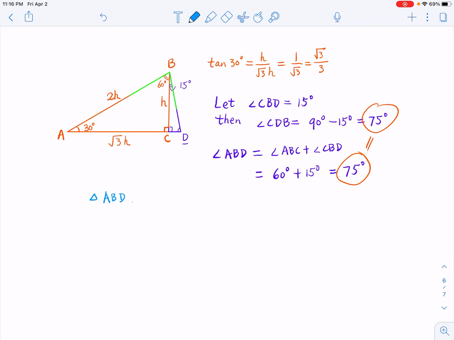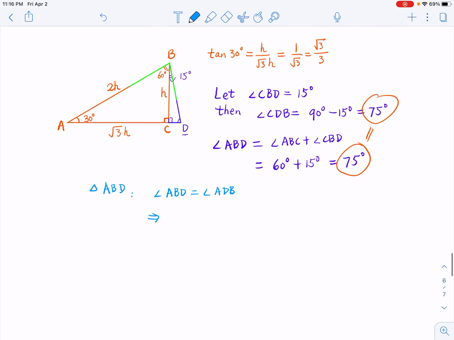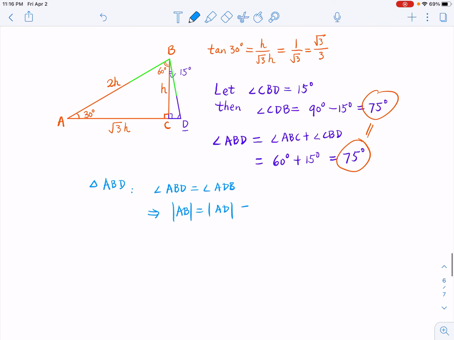The angle B equals the angle D, so we know that this is an isosceles triangle. In other words, the length of AB would equal the length of AD. Now what is the length of AB? We know that this is 2H. So AD is also 2H.